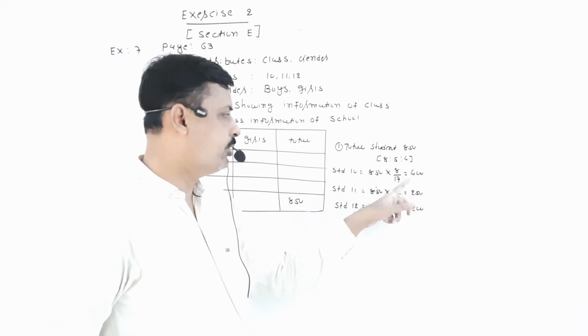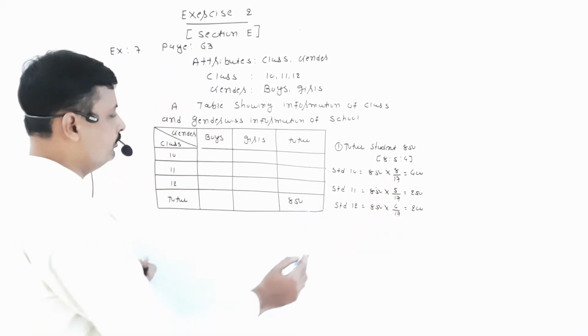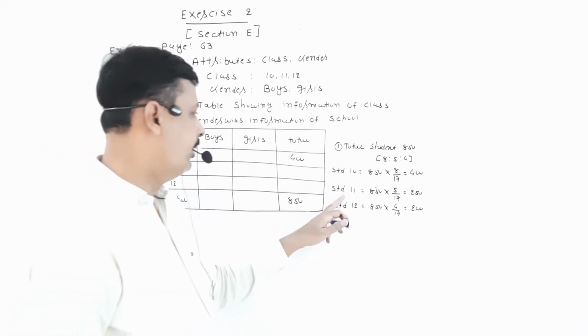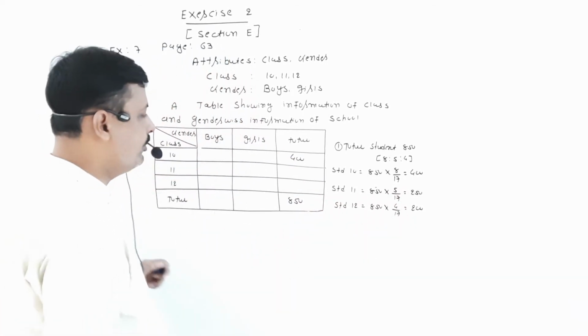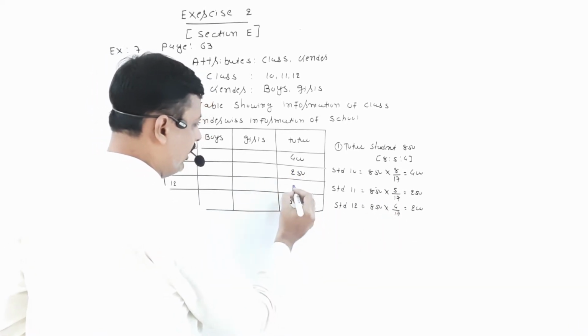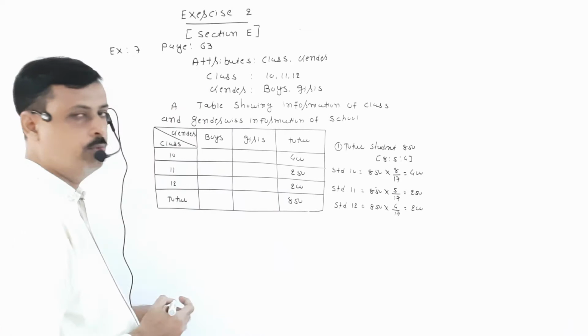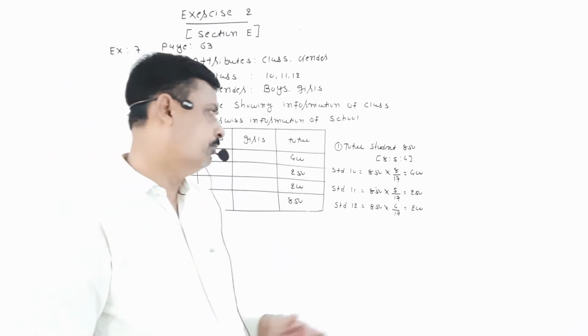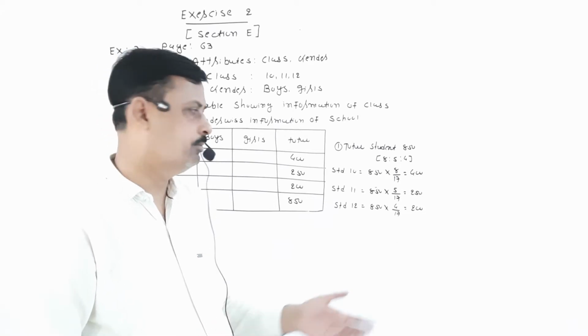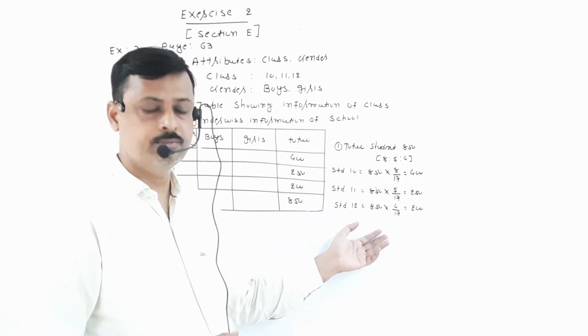So standard 10 students 400, standard 11, 250 students, and standard 12, that is 200 students. So this is the proportion, very useful, and you can also use your calculator in examination.